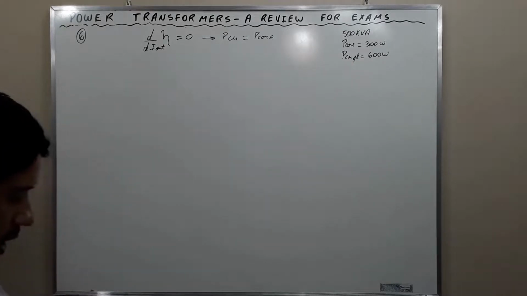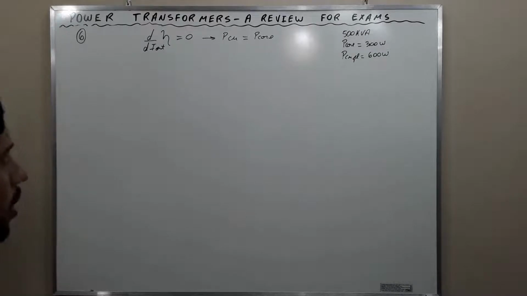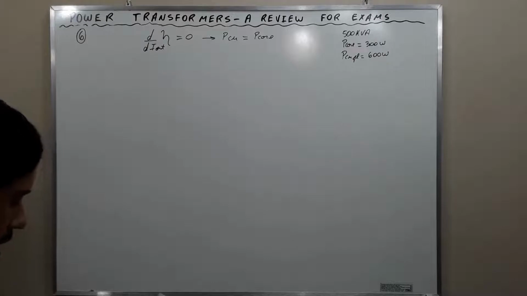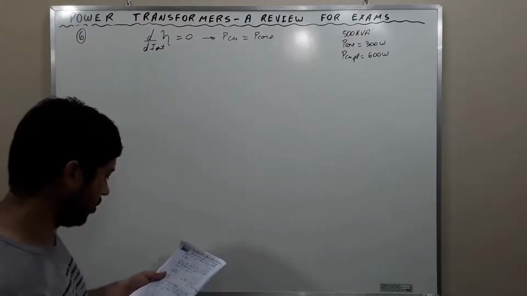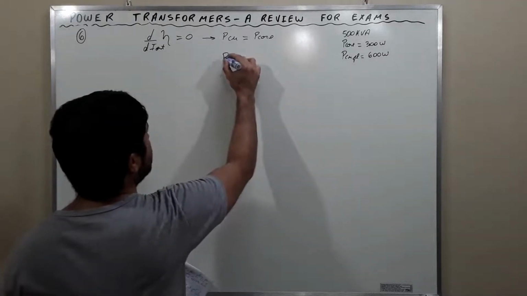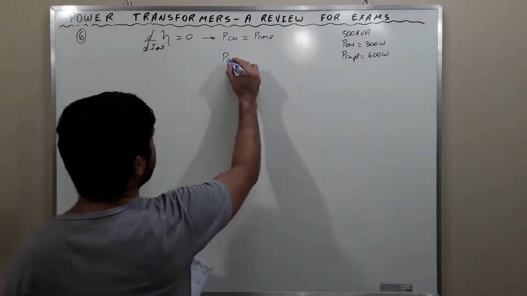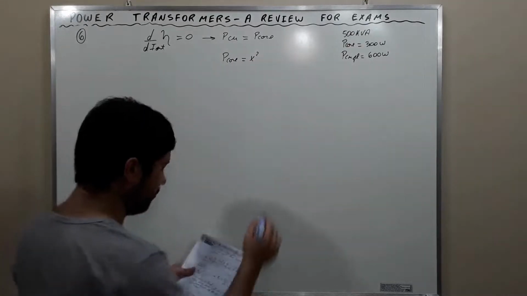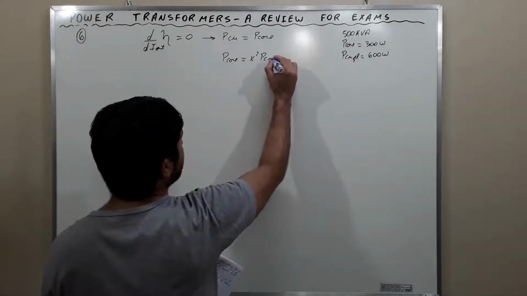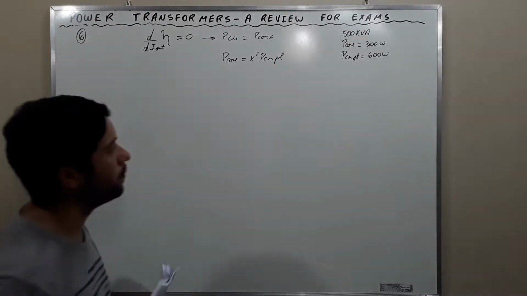We know that the copper losses vary with the square of the output current, and we are going to use this: P core is going to be equal to the square root of PCU full load.